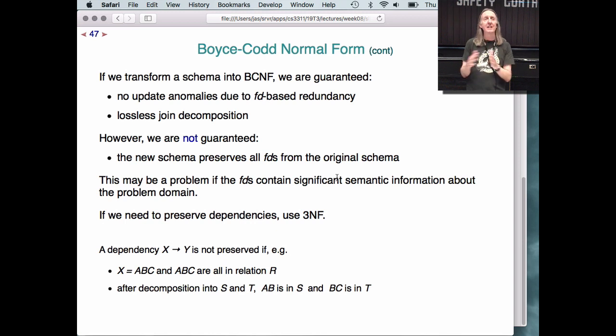You haven't lost anything about the data, but you've simply lost the fact that maybe there's some connection between these two attributes. So if it's critical that you preserve all the FDs from the original schema, don't use BCNF, use 3NF. There's an example down there.